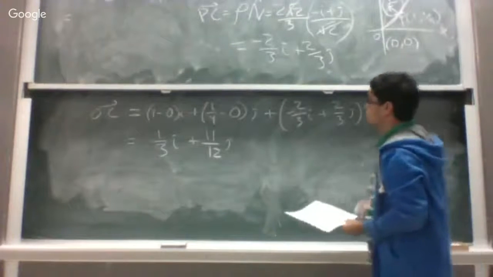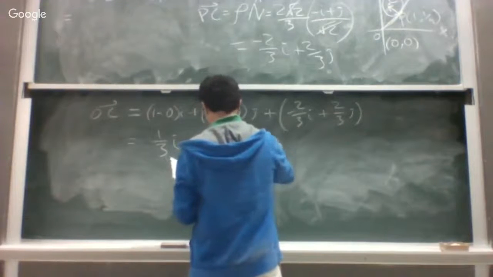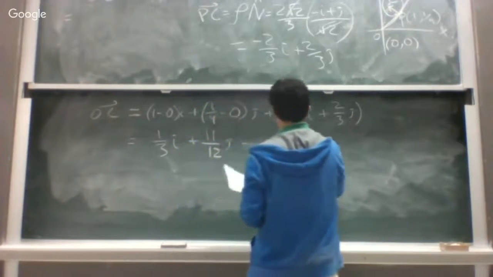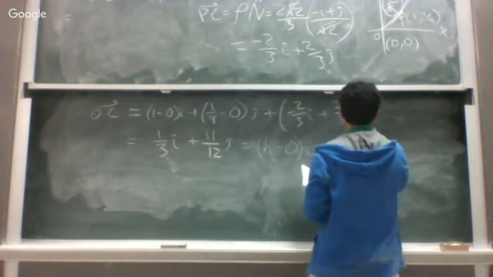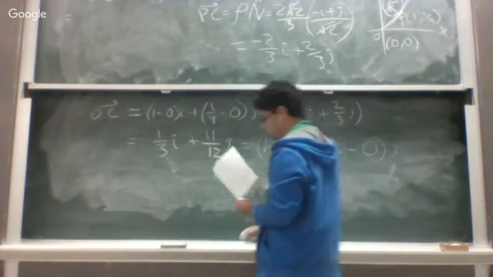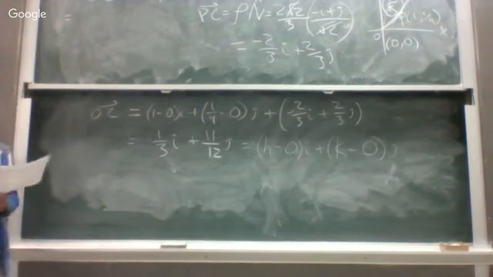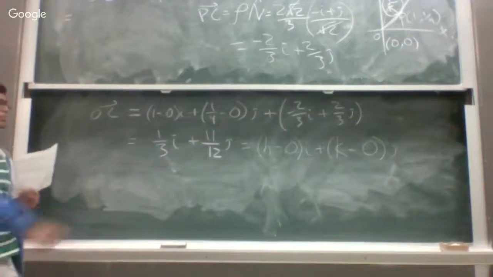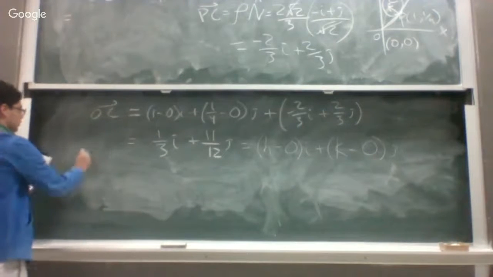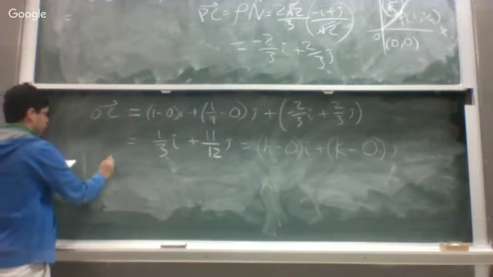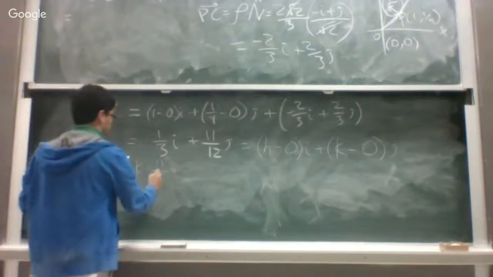So the vector O to C is equal to (h minus 0) i plus (k minus 0) j. Did that make sense? It's the point minus 0, k minus 0. Therefore, we have h equal to 1/3 and k equal to 11/12.